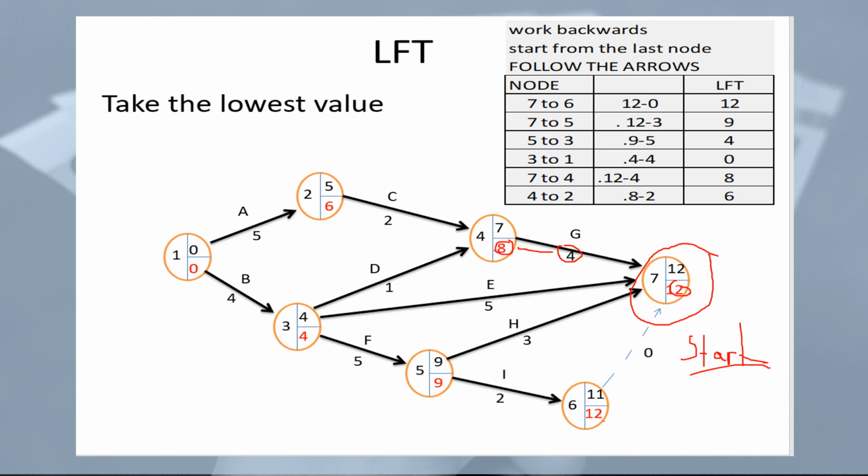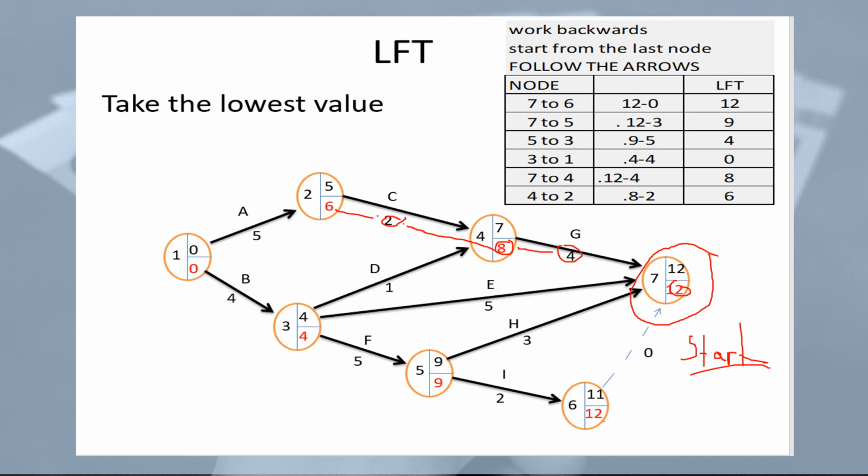And 8 minus 2 equals 6. So we work backwards to get the latest time that we need to complete it by in order to meet the timescales and the budgets.